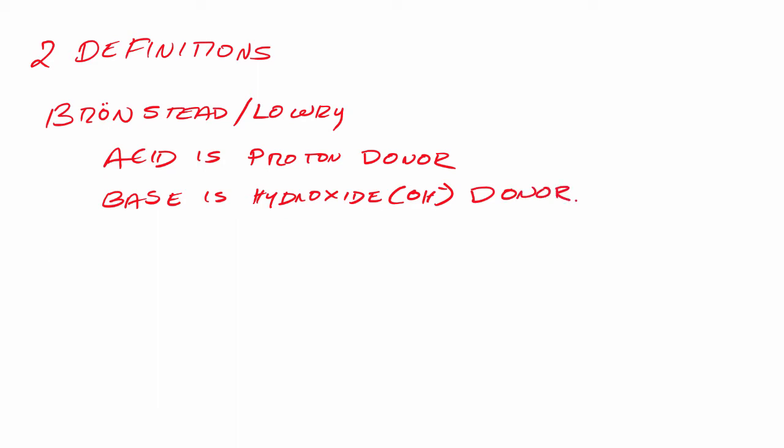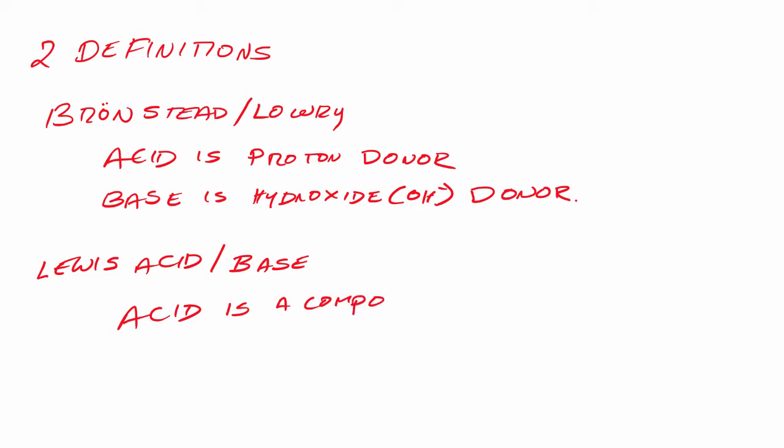And we're going to work with the Bronsted-Lowry definition for most of this chapter, but there is another definition I want you guys to realize, and that is Lewis acid and base. A Lewis acid is a compound that accepts an electron pair, usually a lone pair.